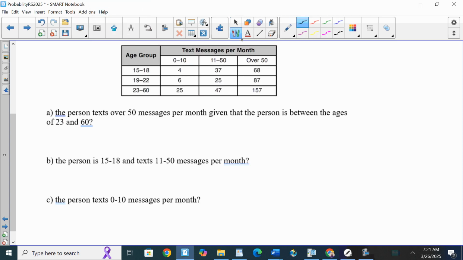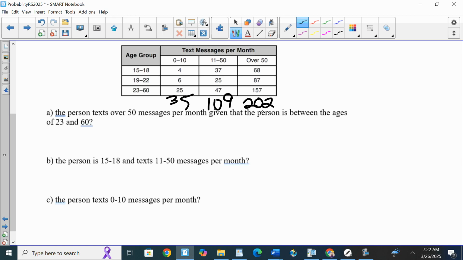So I'm going to start by totaling everything up. This is 35. This is, I don't know, 9. Carry the 1, 109. This is 202. I'm going to use my calculator to do this. 4 plus 37 plus 68.